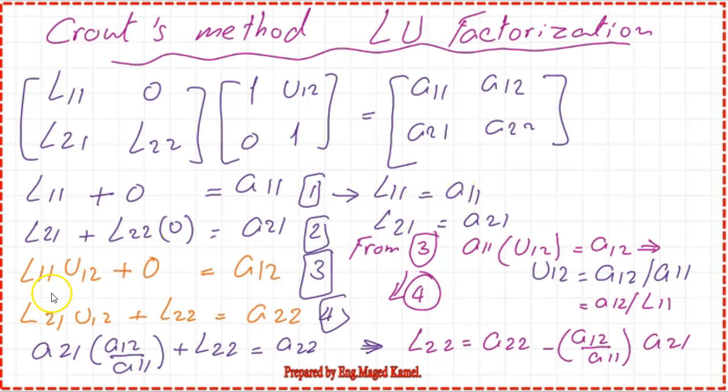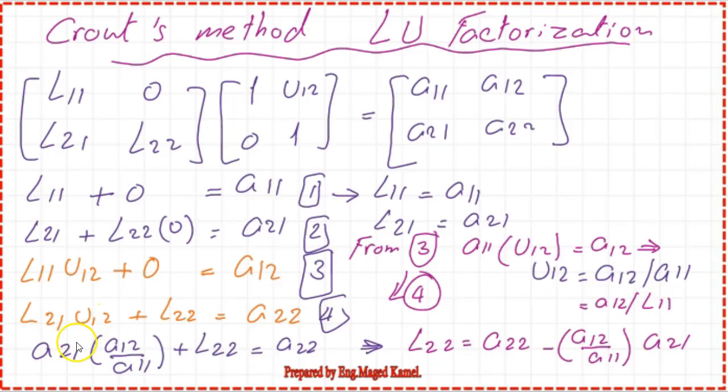Since L11 equals A11, we multiply by U12 and equate to A12. So U12 will be equal to A12 over A11, or we could write A12 divided by L11.